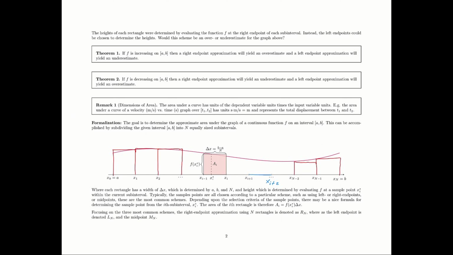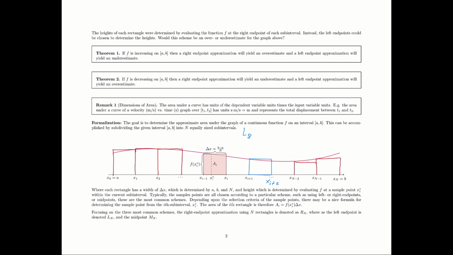You can either use the left endpoint, and that will determine the height of the rectangle. Something like that. That's what we would call the L sub n scheme, where we're using the left endpoints, and n, whatever value you pick, is the number of rectangles. So L sub 8 would be splitting this up into 8 rectangles. And then we determine the heights for each of the 8 rectangles by plugging in the left endpoint of the rectangle's width.